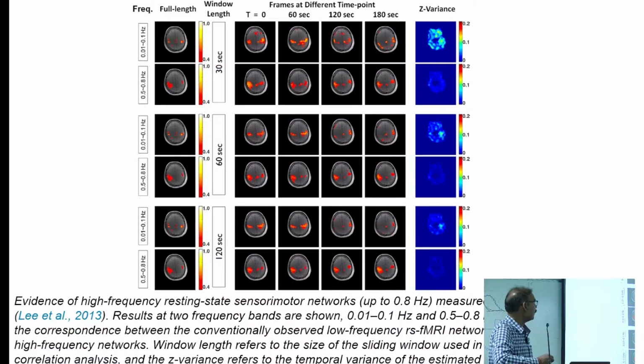Then here what they have also done is looked at the initial condition and then used a frame-wise analysis. This is using a 30 seconds window, this is for the rest, corresponding to this frequency, and showing how there is a difference, right?